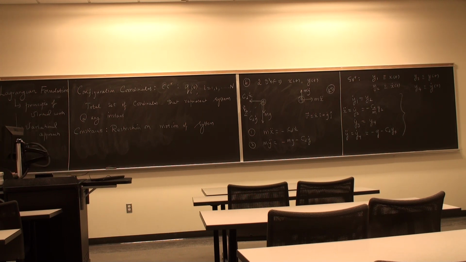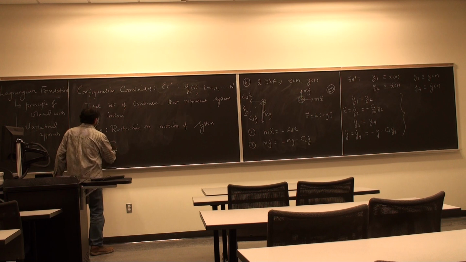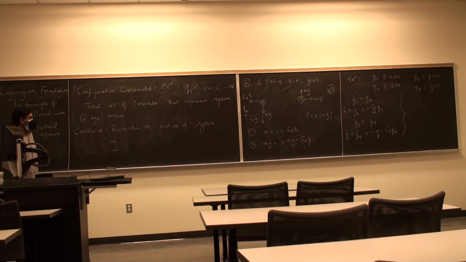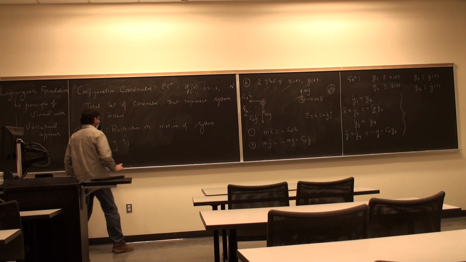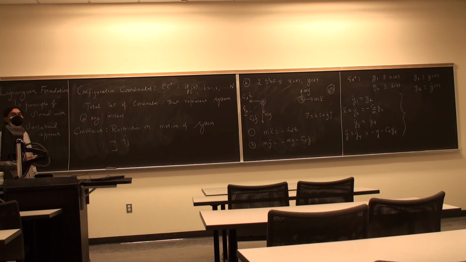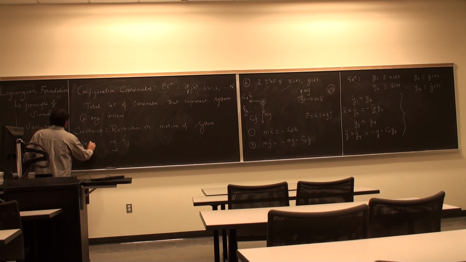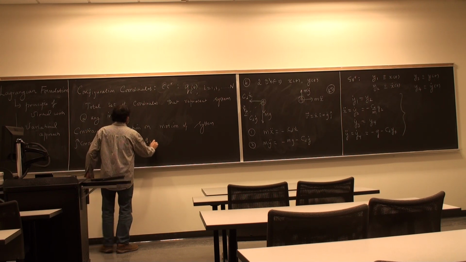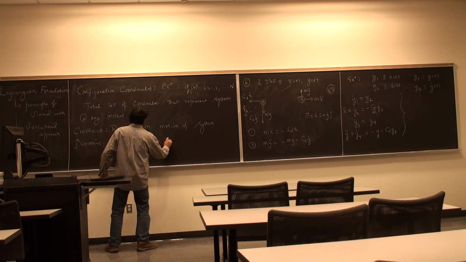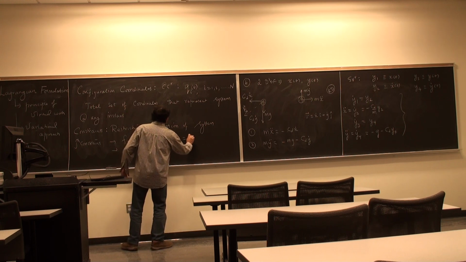And constraints can be written in several ways, in two particularly different ways. One is f_j, where j is the jth constraint: f_j of q1, q2, q3 is equal to 0.